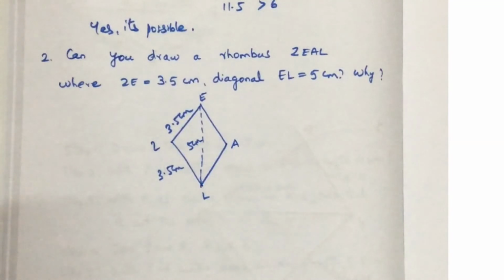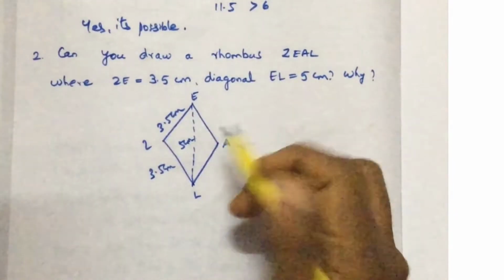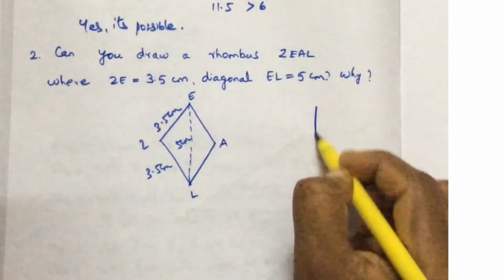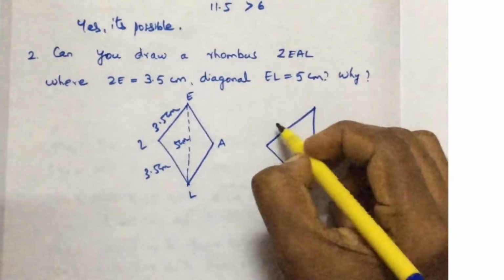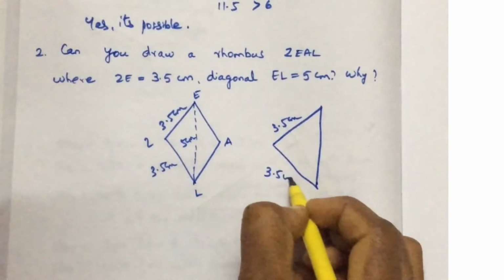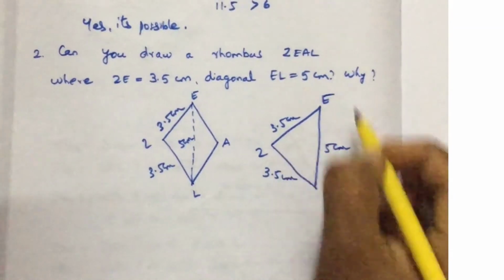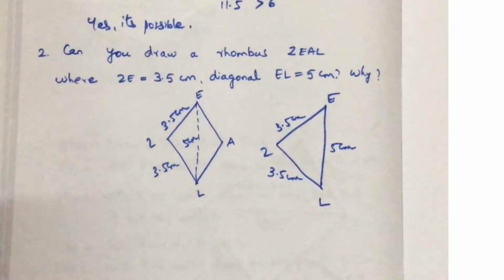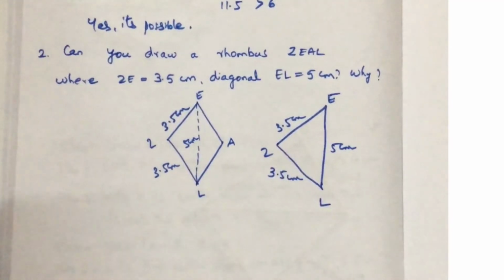Okay. Now we have to check whether it is possible to draw a rhombus. The same thing we can do. Take the one triangle here. This is 3.5 centimeter and this is 3.5 centimeter and this is 5 centimeter. Okay, this is Z, E and L. If it is possible to draw this triangle, then it is also possible to draw this rhombus.